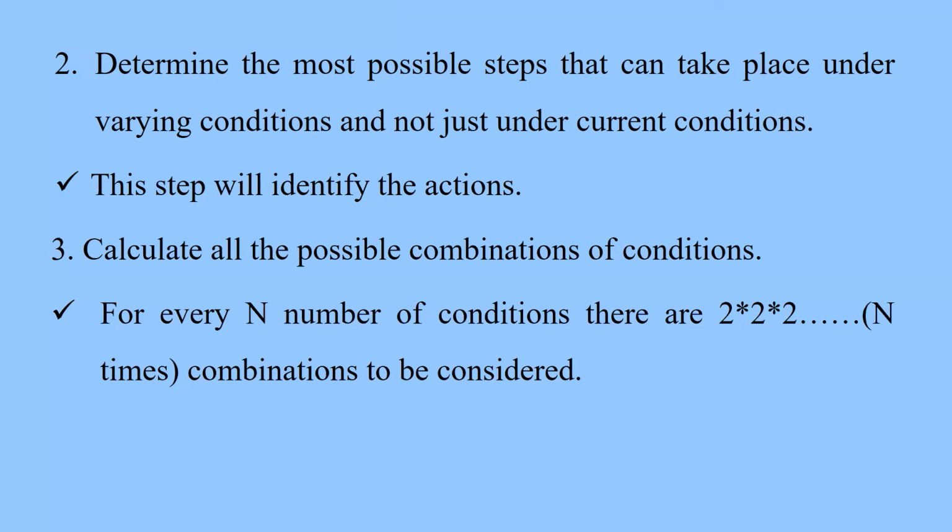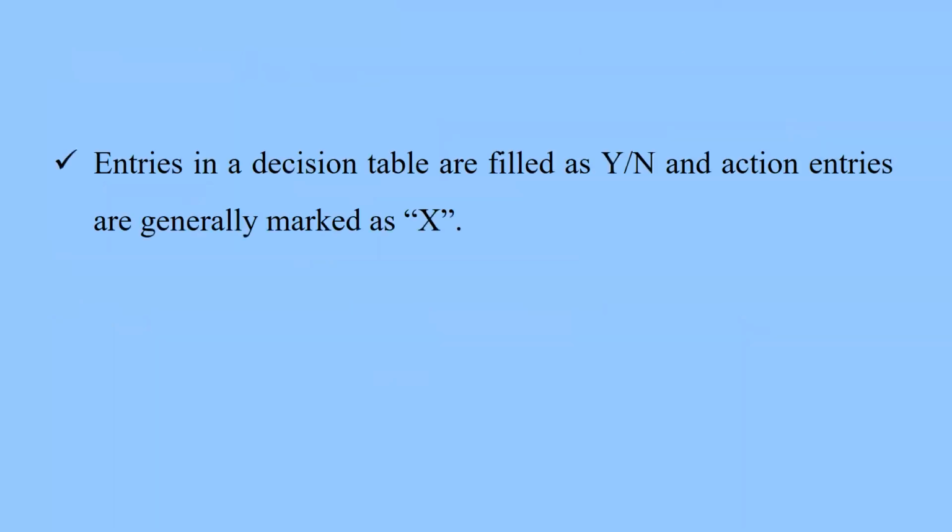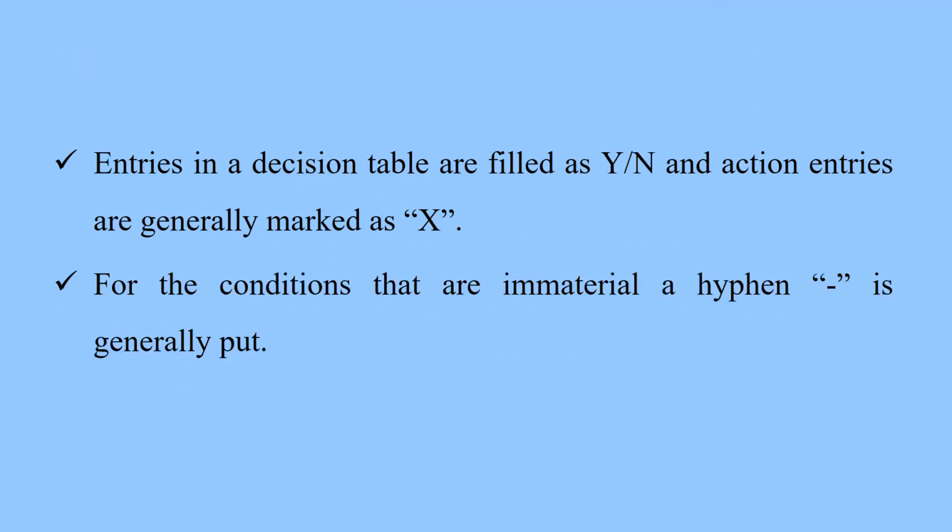Because you may have several conditions, ensure you also cater for the several combinations. Number 4, fill the decision rules in the table. Entries in a decision table are filled as Y or N, and action entries are generally marked as X. For the conditions that are immaterial, a hyphen is generally put.